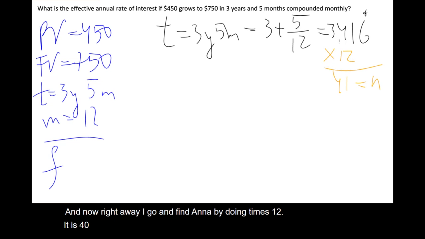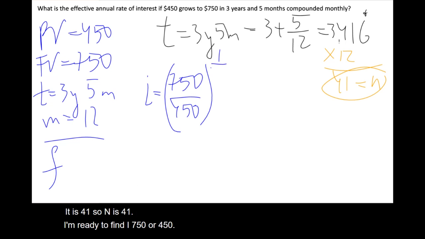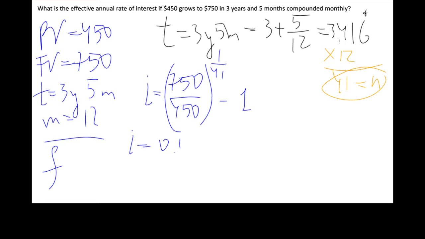It is 41. So n is 41. Now I'm ready to find i. 750 over 450, to the power 1 over 41, minus 1. So i is 0.012537. Let me double check.